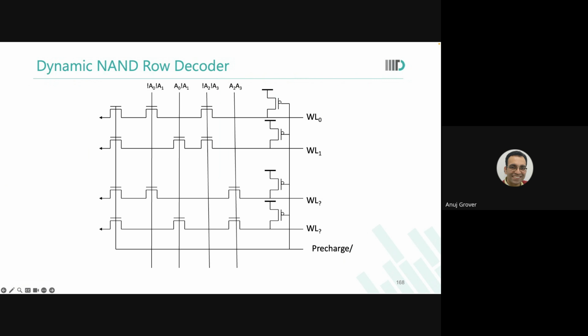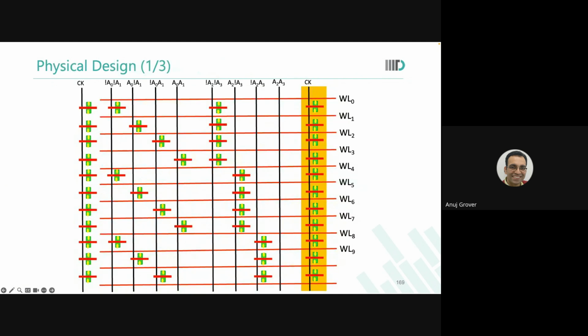Suppose you have two lines and you want them to get connected when a particular input is one, so you have an NMOS whose gate is connected to the input and which connects the lines. So what he is saying is that if you have an NMOS that needs to connect to one particular line, you place the NMOS there.